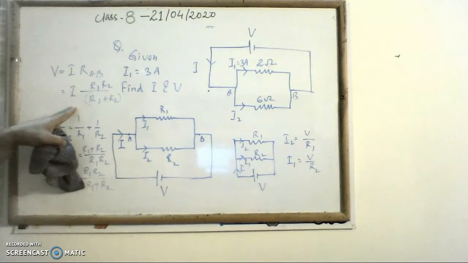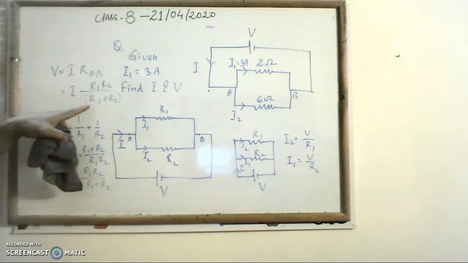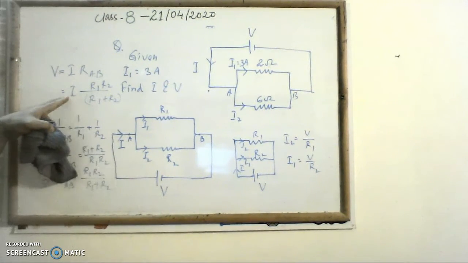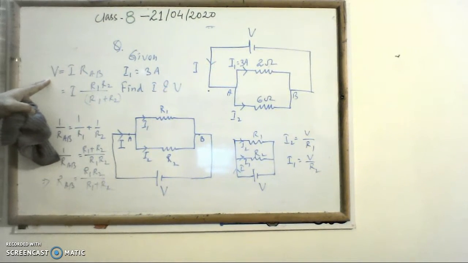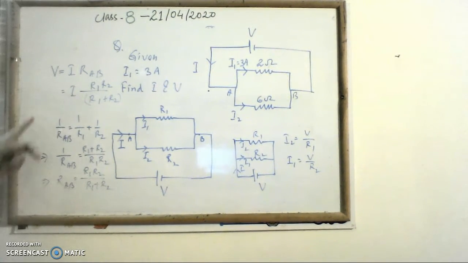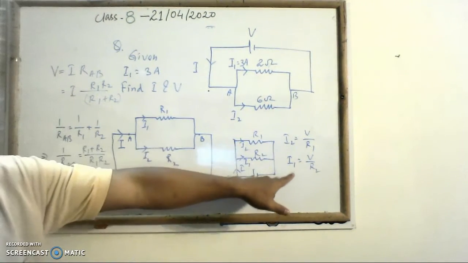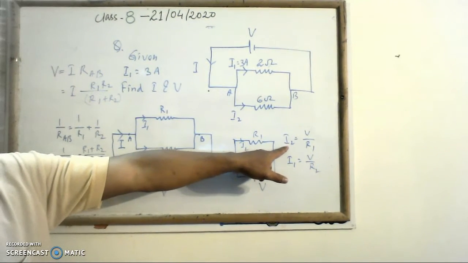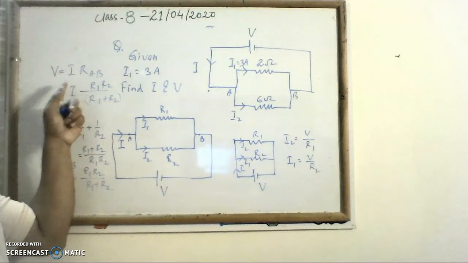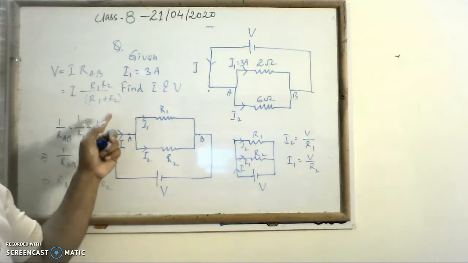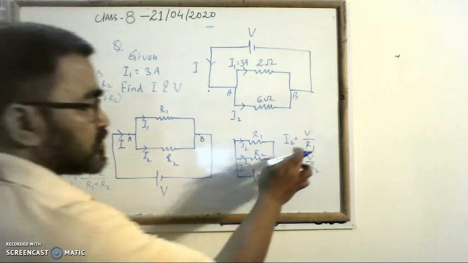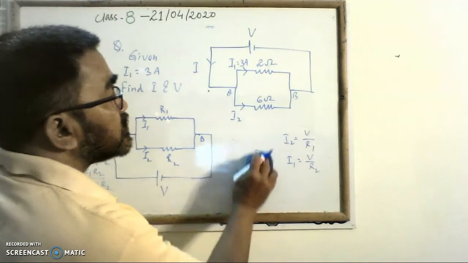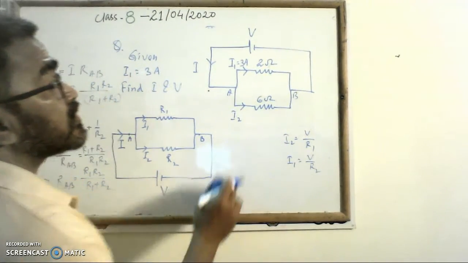So this is a relation among the two resistors, current and voltage. If we put this value in this equation or this equation, you can easily find a relation between I2 with I and the other resistors. Let me put it here to find either I1 or I2.